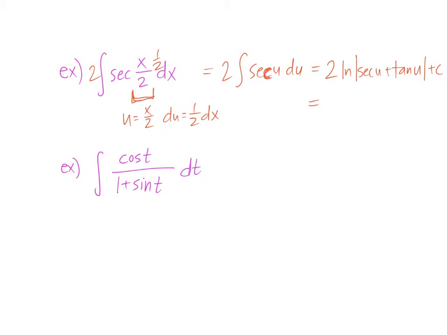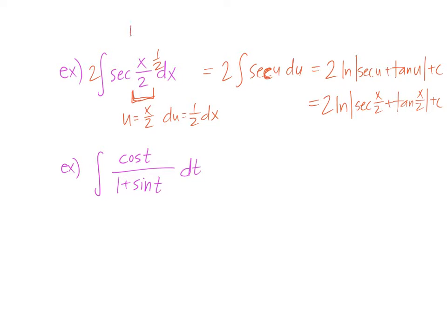And I want to switch back to x land because I switched into u and I want to switch back into x. 2 natural log of absolute value secant x over 2 plus tangent x over 2 plus c. So there's using one of our 4 new rules for secant. This is the style of problem you want to do if you see just a single trig function.